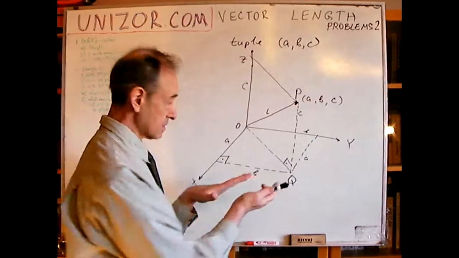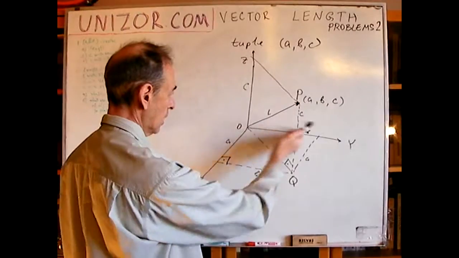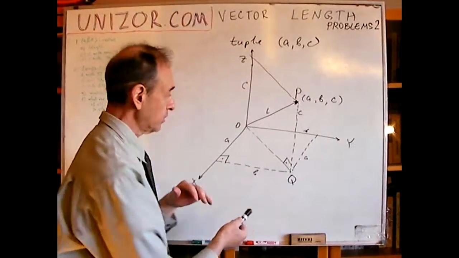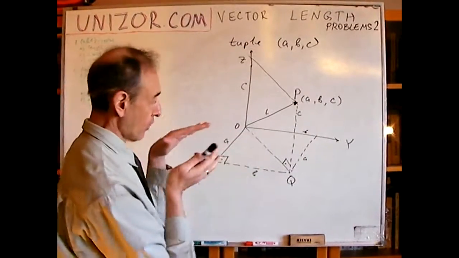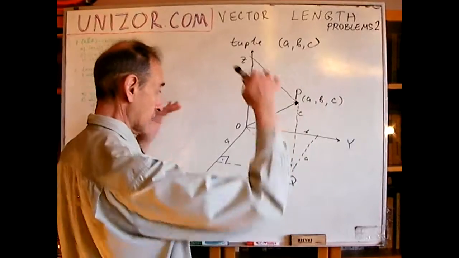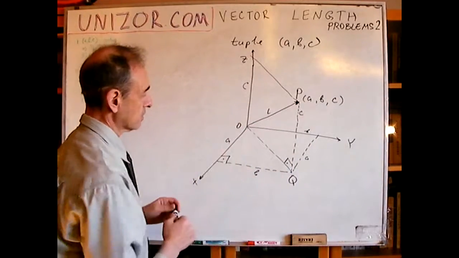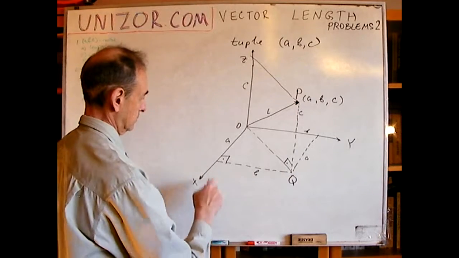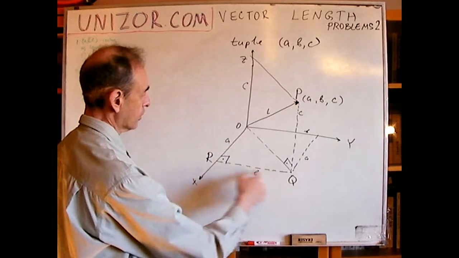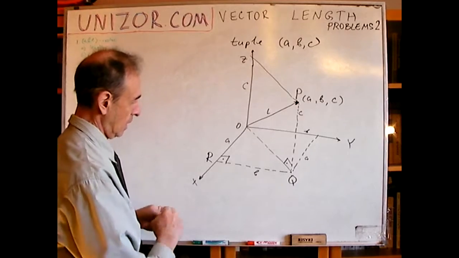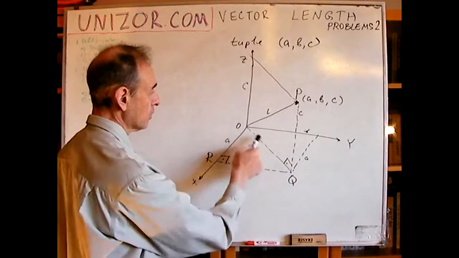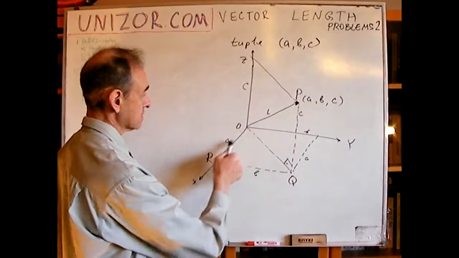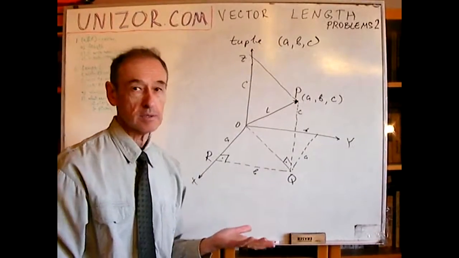If you imagine this is the XOY horizontal plane, we just look at it from an angle, but if you look at it from the top, it would be perpendicular. So this is the right triangle OQR, and in this right triangle we do know OQ, because it is the hypotenuse with the 2 cathetus a and b.